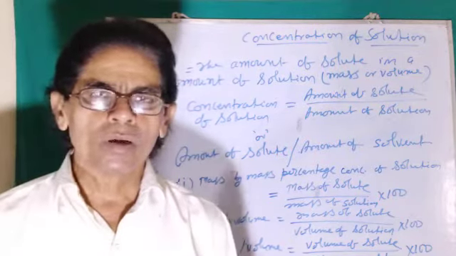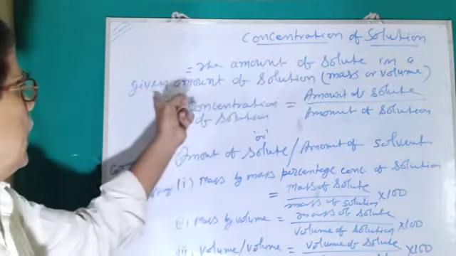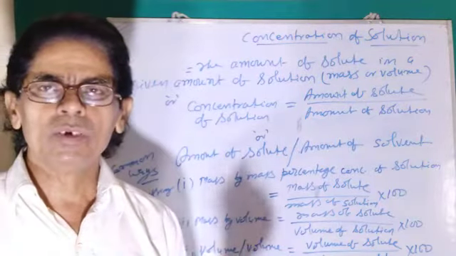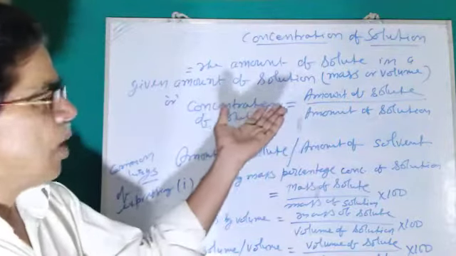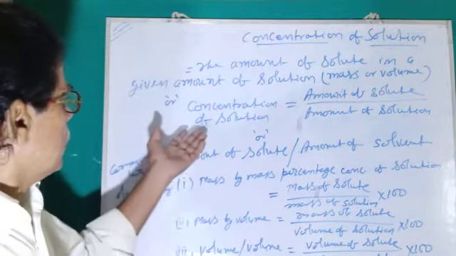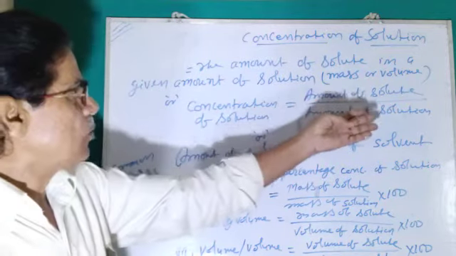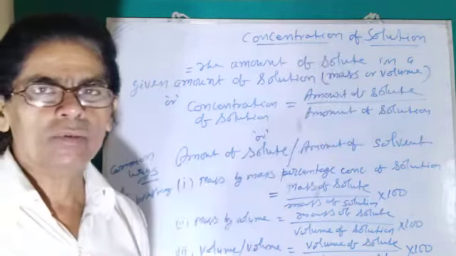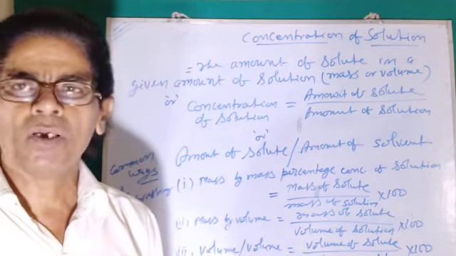The concentration of a solution is defined as the amount of solute in a given amount of solution. This amount may be mass or volume. Or we may express concentration as the amount of solute divided by the amount of solution. This is the general concentration of a solution.